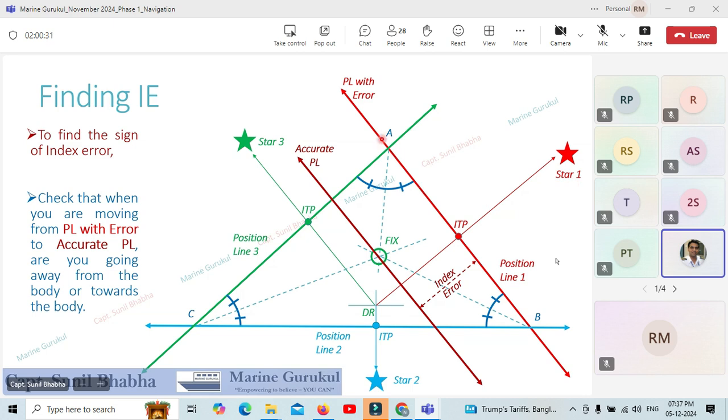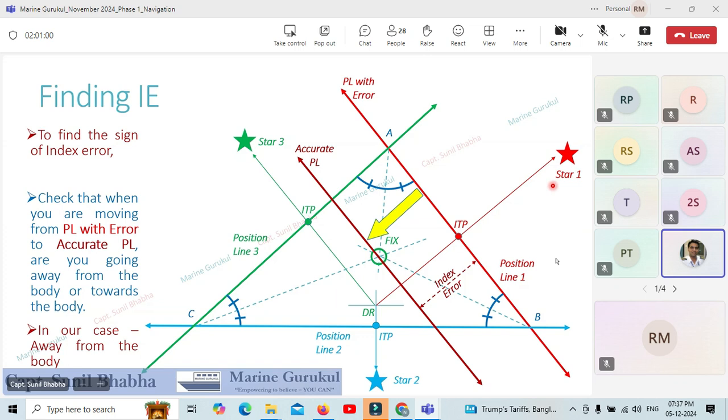In our case, the red color PL was obtained using star number 1, the red color star. So we need to see when we move from the red PL to the maroon PL, are we going away from star 1 or towards star 1? Now you can clearly see that if we move from red PL to maroon PL, wrong PL to accurate PL, we need to move away from the star.